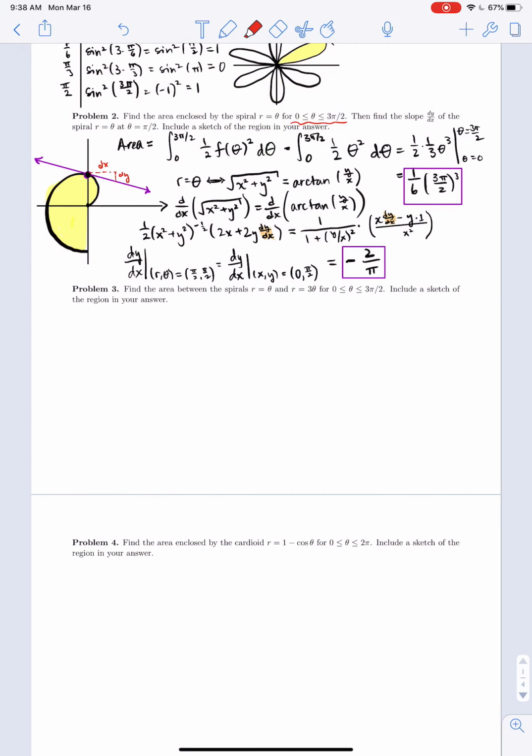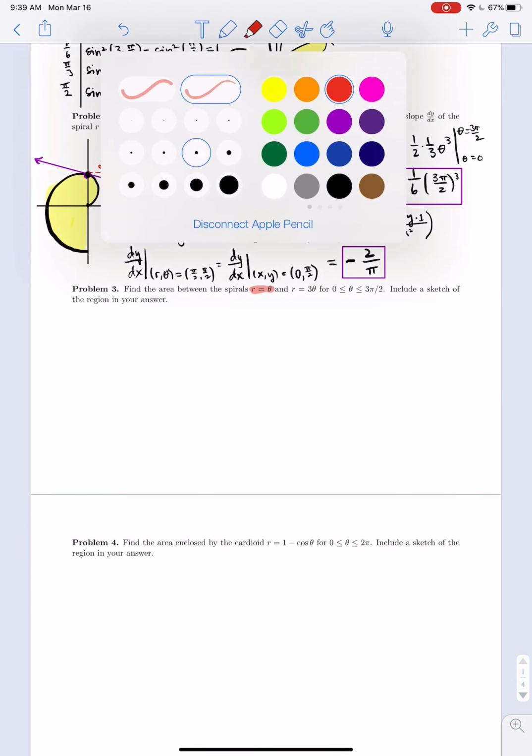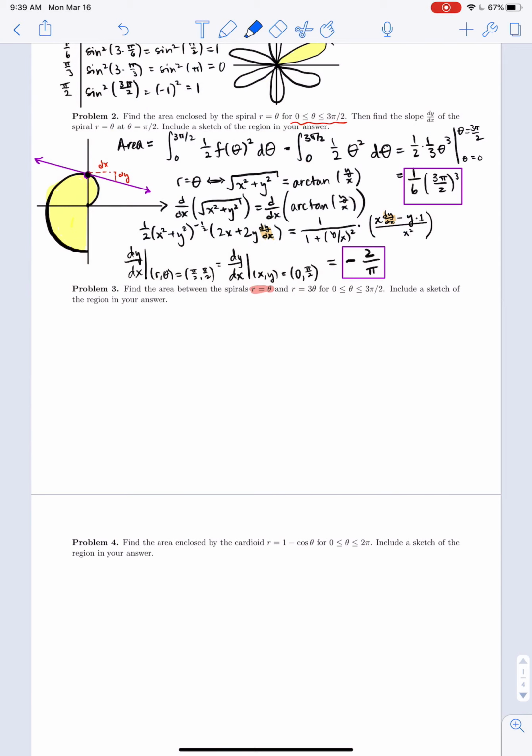So here we've got the curve r equals theta, which is the same curve we had above. But then we have a second curve, r equals 3 theta. And we need to be careful that we always know which curve is on the outside over a given length for theta. So I'm going to copy our picture up here actually. Cool.